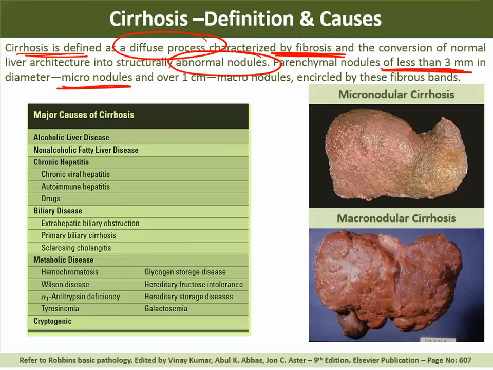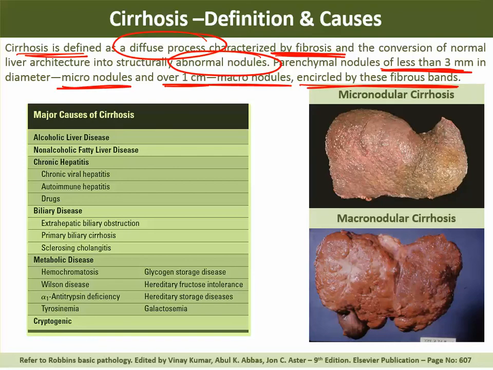If the nodule is more than 1 centimeter, it is called macronodular. These nodules are regenerating liver cells, surrounded by fibrosis.